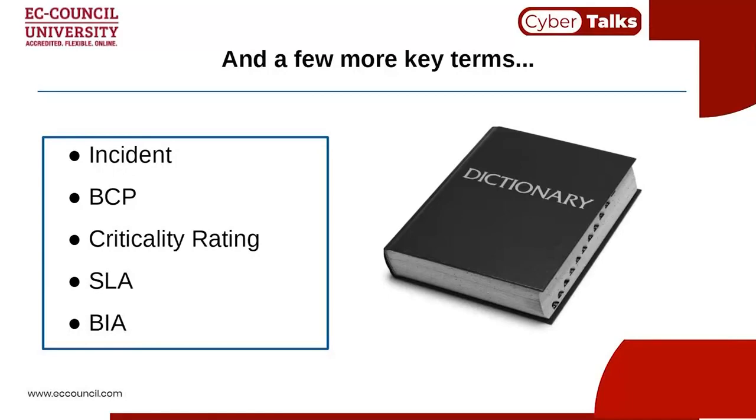SLA is a service level agreement. Oftentimes you will have vendors that you're working with, or you will have customers and you will have SLAs. You need to make sure your SLAs are aligned to what you can recover your environment in. But keep in mind, service levels are not RTOs. Service levels can be like 5 nines.